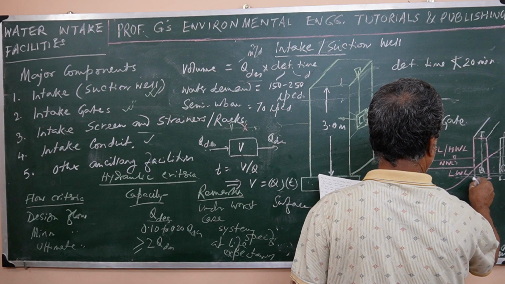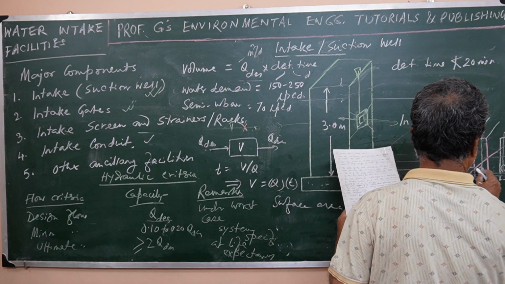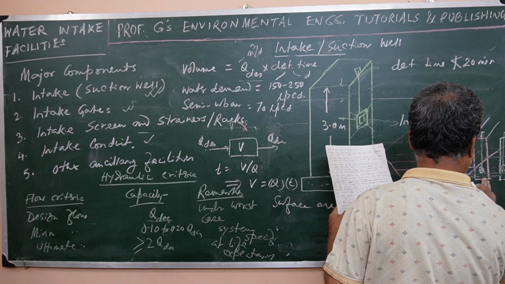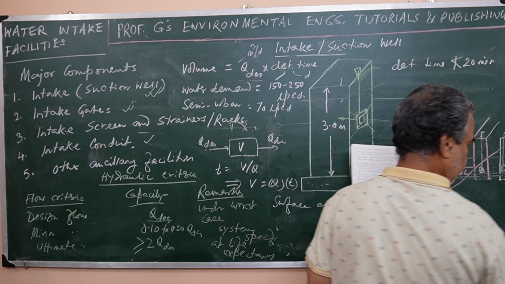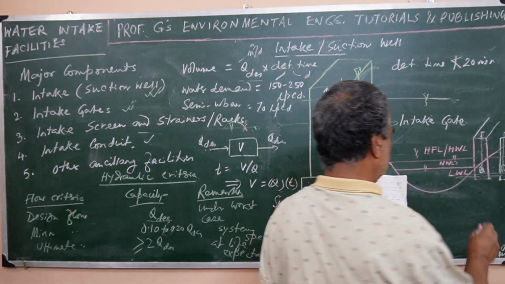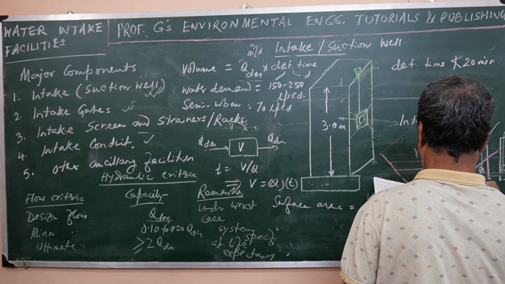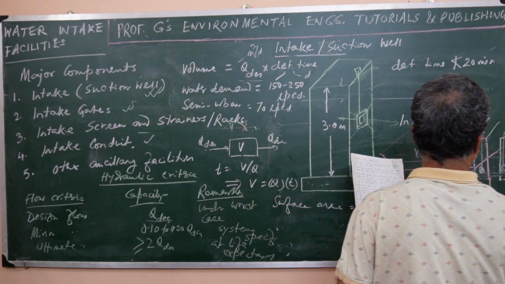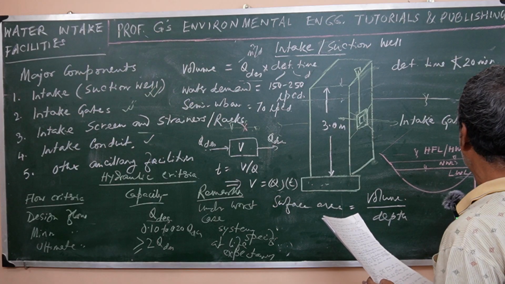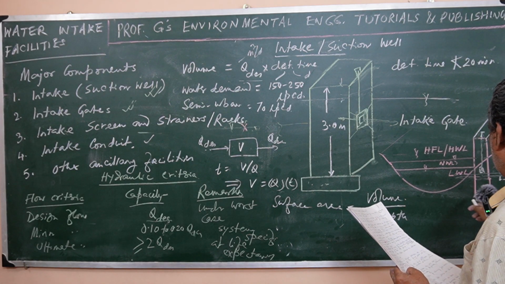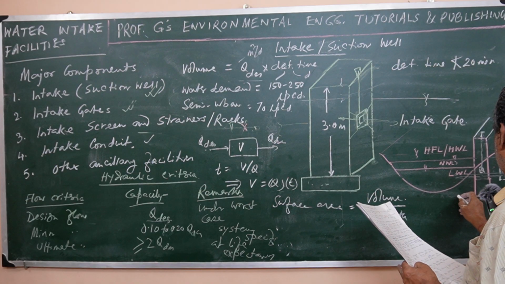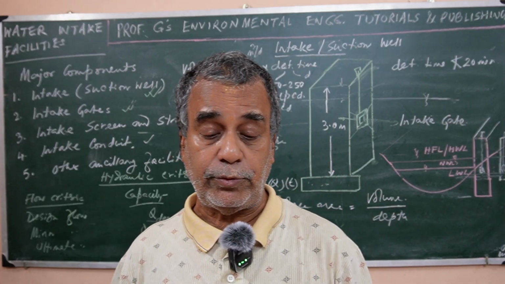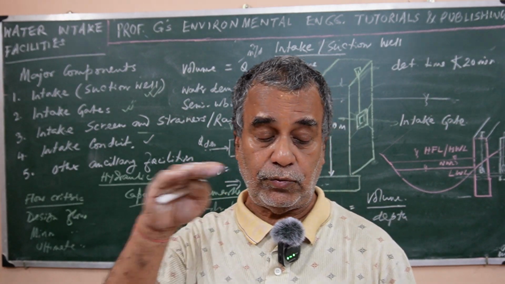So the river bed is this, suppose. So this is at least 1 meter below, and with respect to LWL, it is at least 1.52 meters below the LWL, that is the lowest water level.